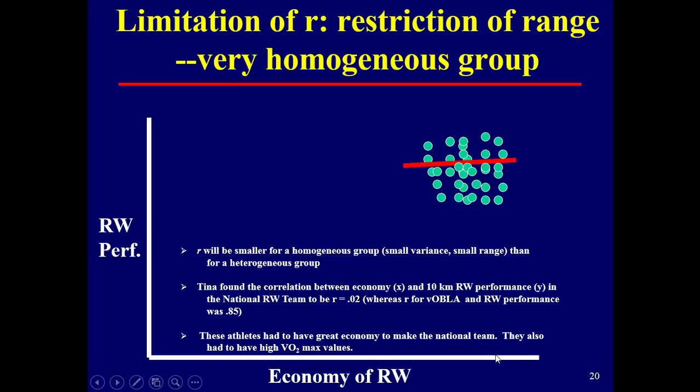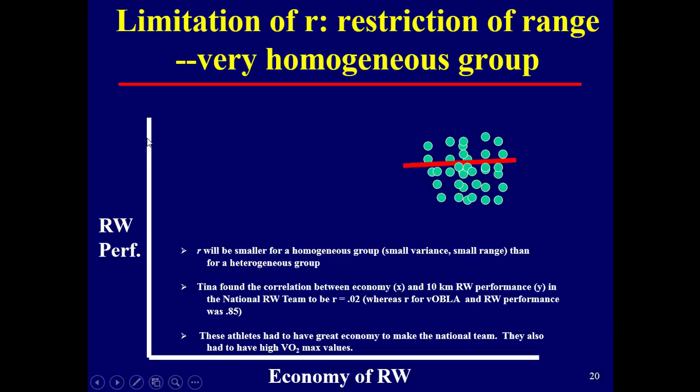What you see here, if this end of the scale is high on economy or efficiency, is that the group of race walkers I looked at was very homogeneous. There was a restriction in the range of the values. All of the athletes, in order to qualify for the Olympics and the national team, had to have very high economy. They also were very high in regard to their race walking performance.